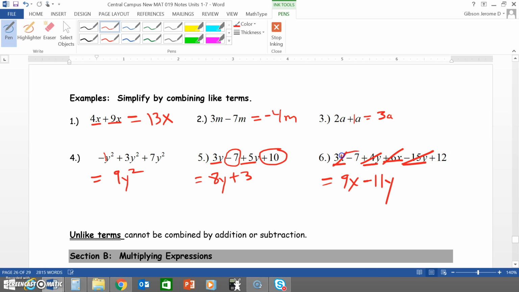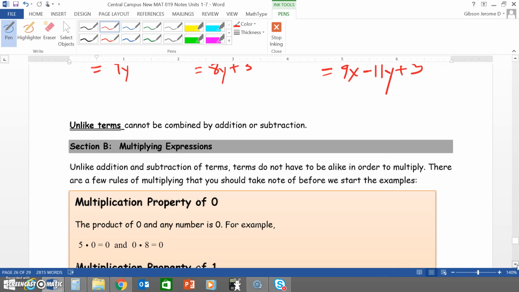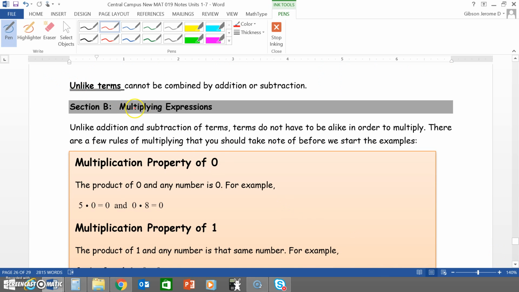And last but not least, we have a negative 7 and a positive 12. Negative 7 plus 12 will give us positive 5. Now we have unlike terms that cannot be combined by addition or subtraction.